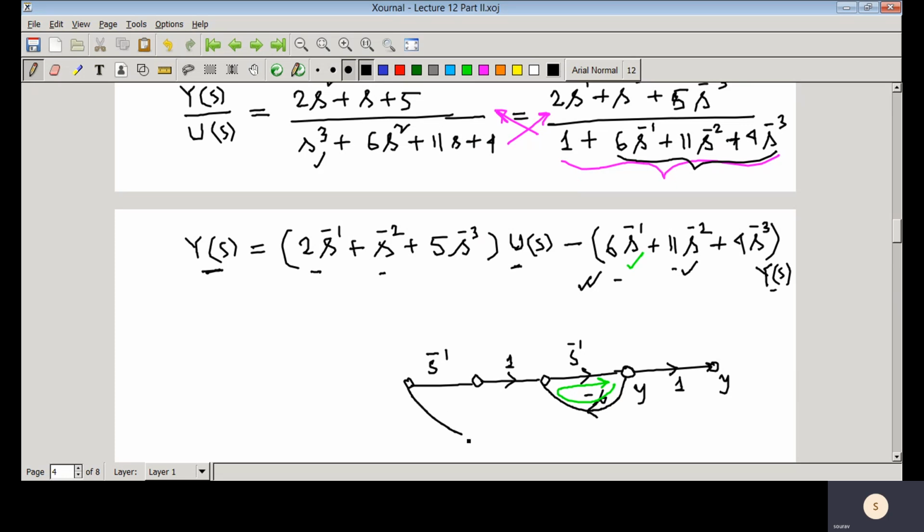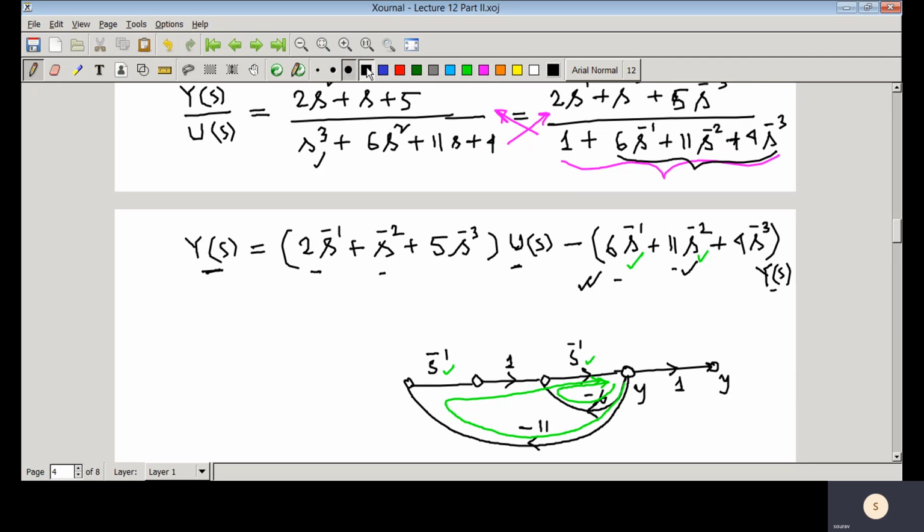So like the previous example, here if we just put minus 11, then the second term is satisfied. That means you start from here and it is coming, and you can see here s to the power minus 1 and s to the power minus 1, so that means s to the power minus 2. So the second term is satisfied.